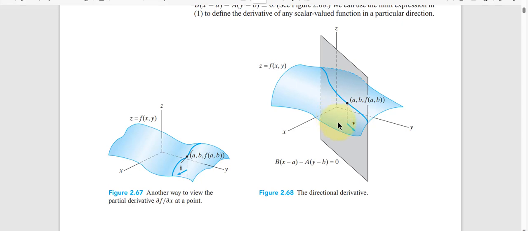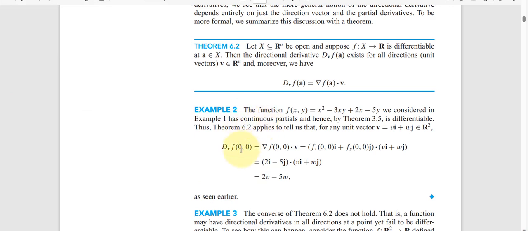So we have to say at which point, and in the v direction. So we also have to state the point. Here, just to make the problem easy, they're going to use the point 0, 0, because that's going to have zeros in it, and so it's going to make the calculations easier. So here they say the derivative in the v direction at the point 0, 0. So what does that mean?